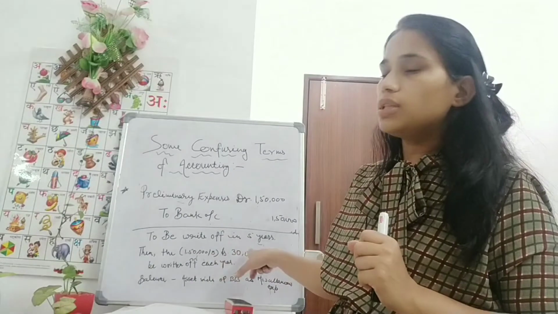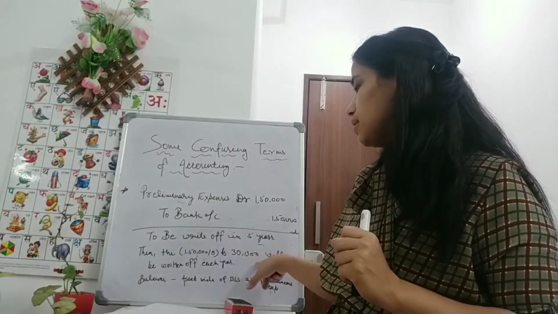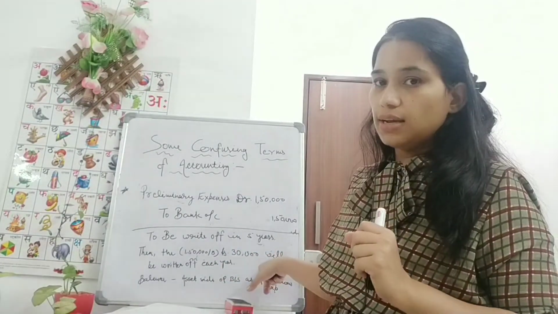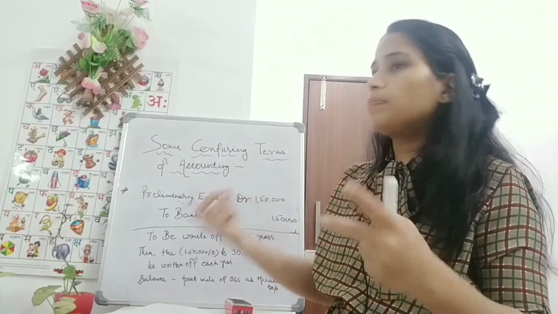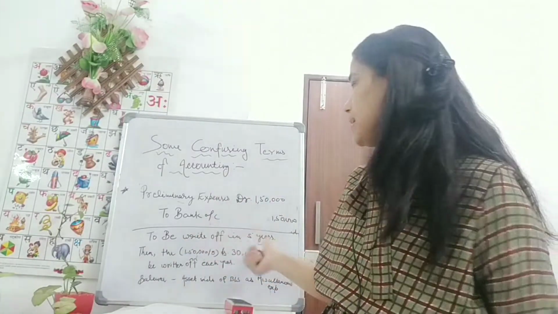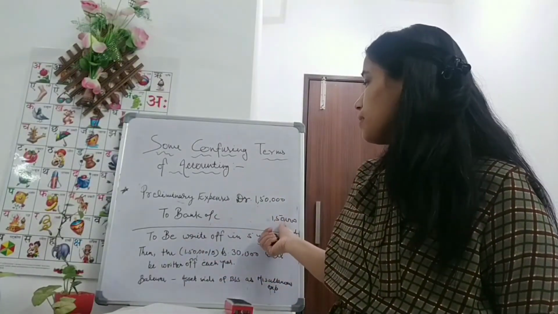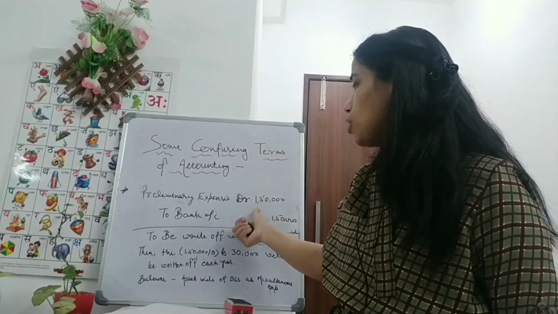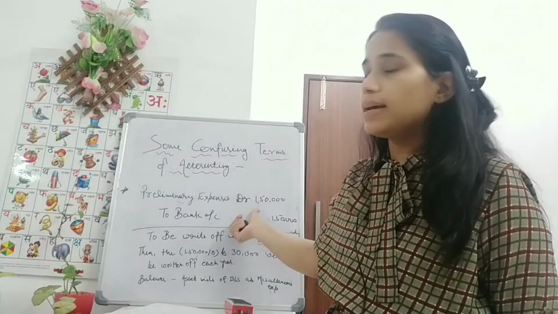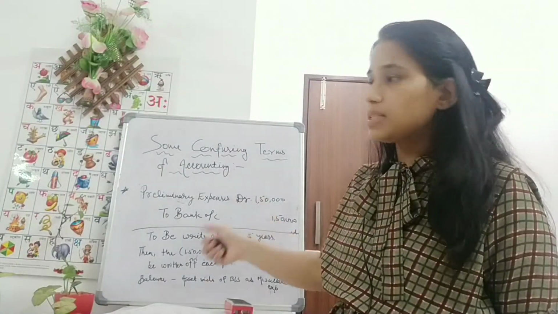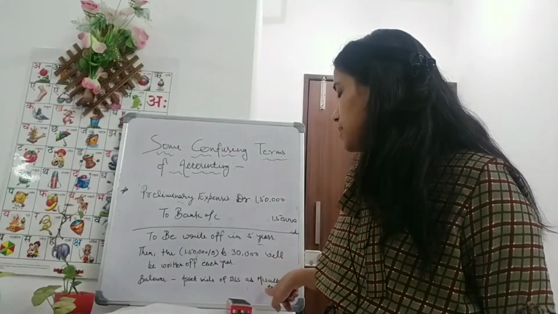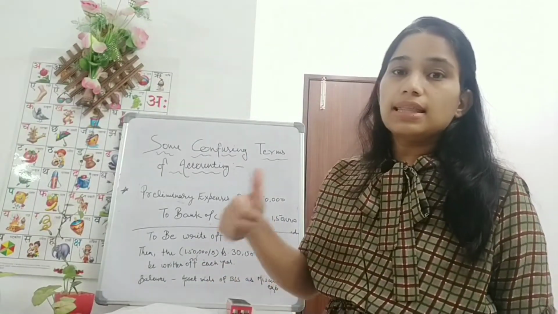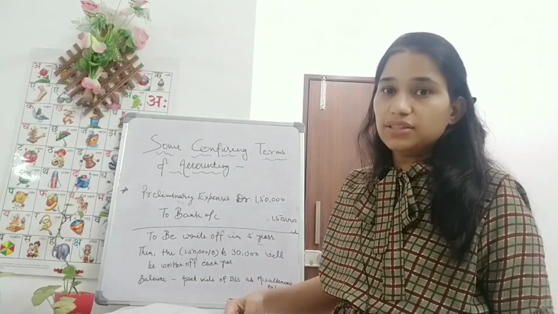In the first year the company has written off 30,000 rupees, so the remaining 1,20,000 rupees will be recorded as miscellaneous expenses in the asset side of the balance sheet.